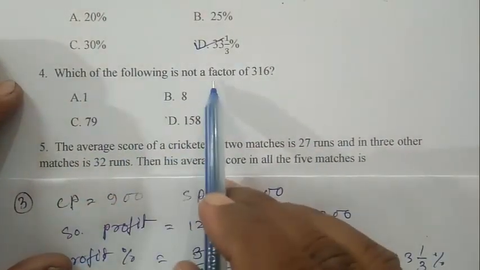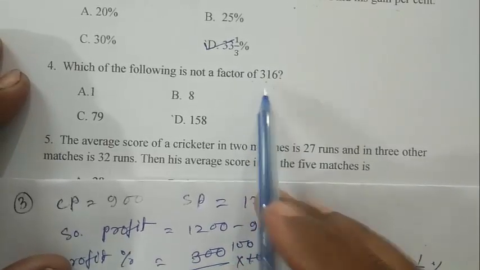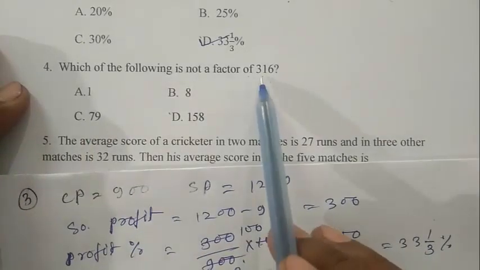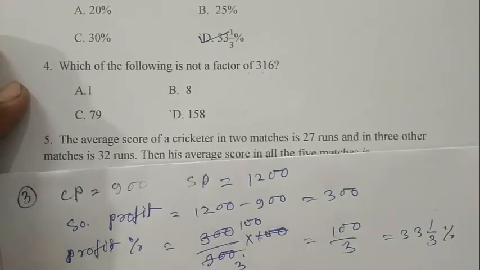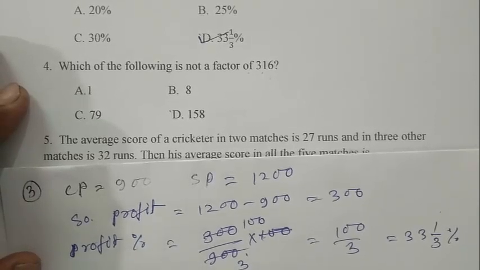Which of the following is not a factor of 316? So first we divide 316 by all the numbers.